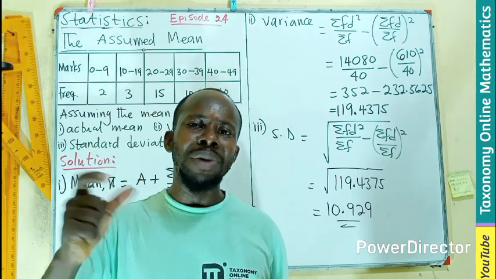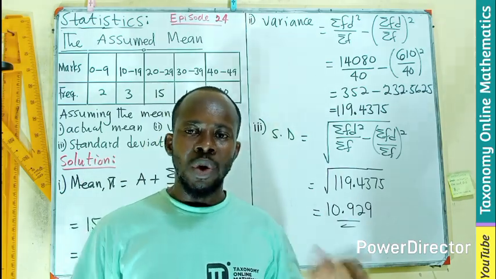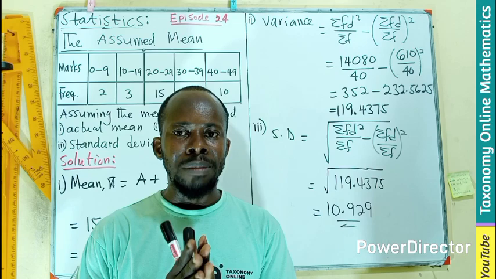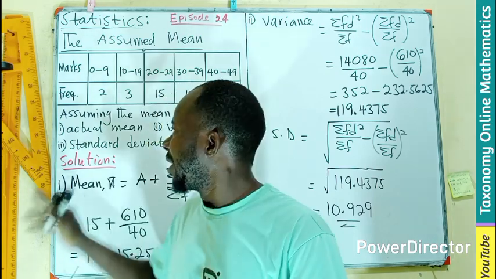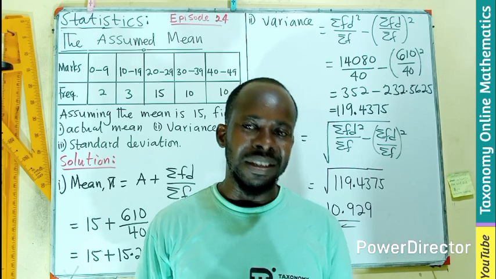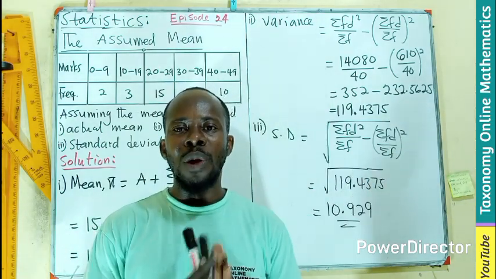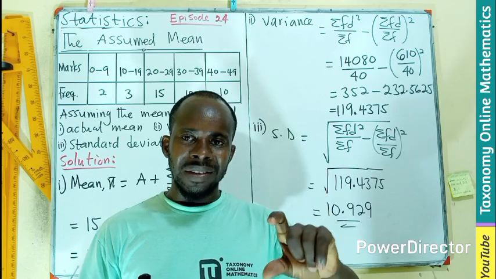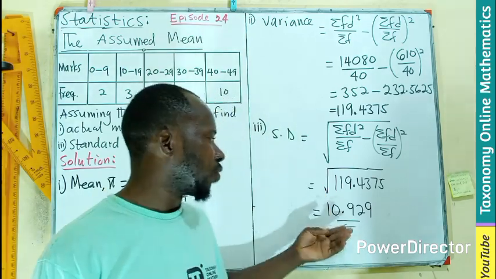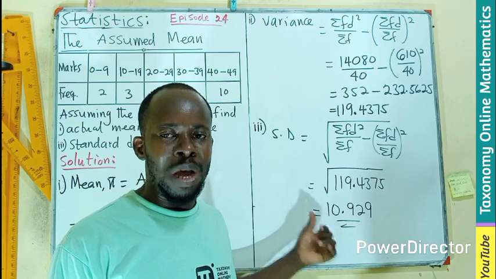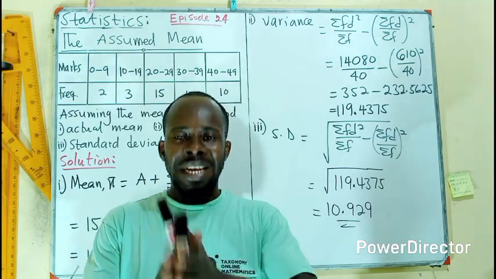But if the question did mention the assumed mean, if you use the other method, your answer will be right, but it will not be marked correct because you have been restricted to using the assumed mean. If you follow the other formula, you are going to get the result correct, but the method will be marked wrong because the answer will come back to be the same thing. But because you have been restricted, just like we have done in this question, you have to stick to this formula.